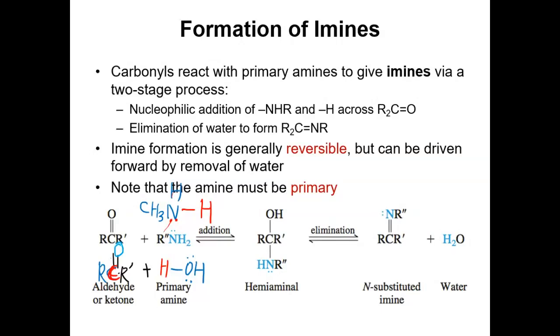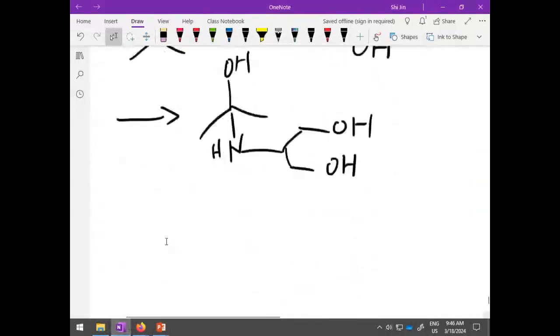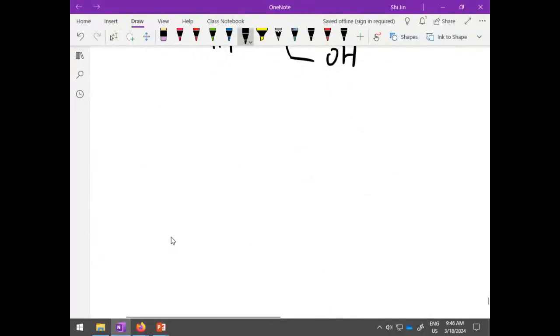If you have two hydrogens bound to the amine, we call it a primary amine. We can briefly mention the classification of amines, although we're going to discuss this in great detail in a later chapter. If you have this, we call it a primary amine, meaning nitrogen is directly bound to only a single carbon.